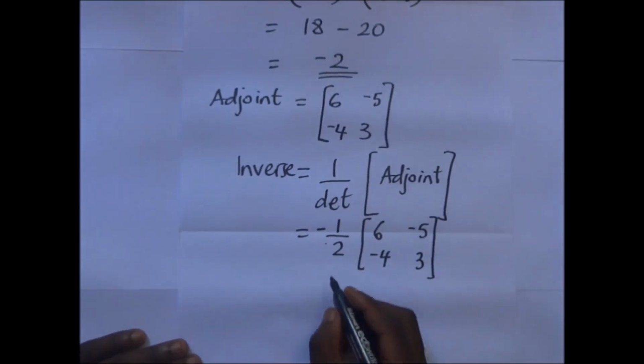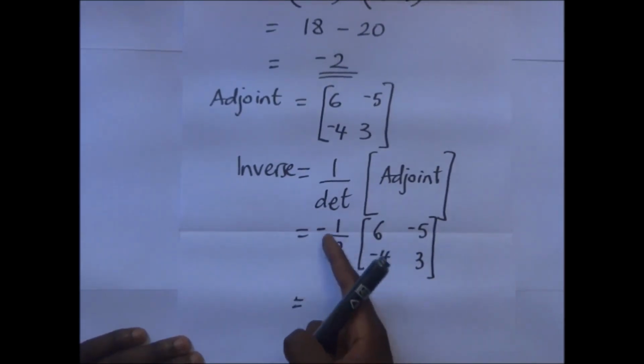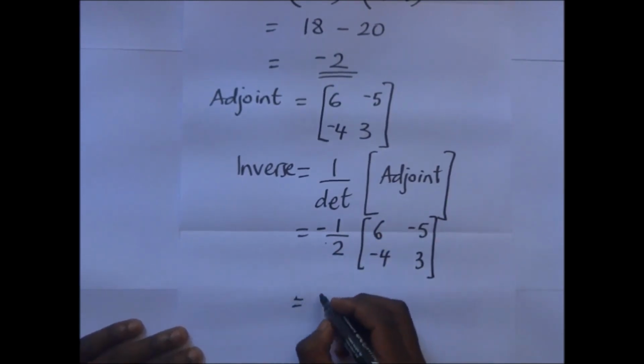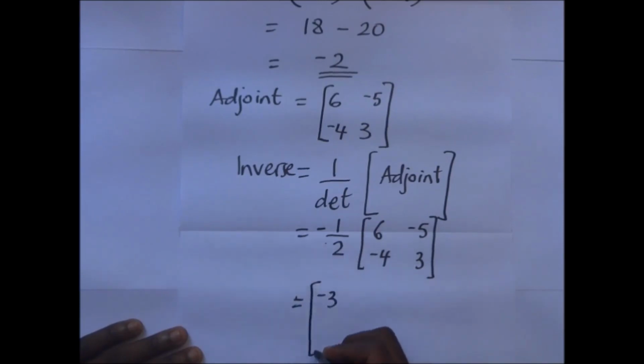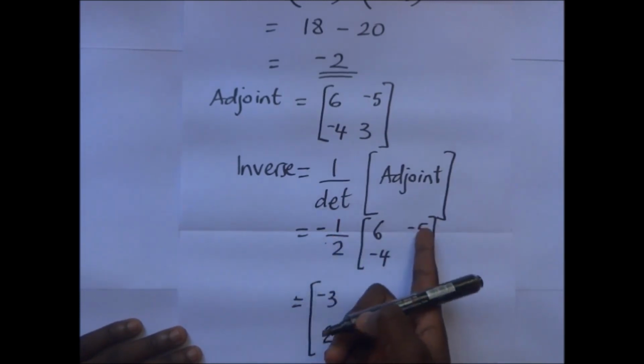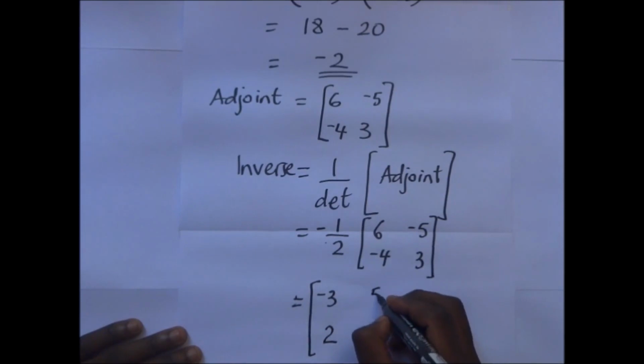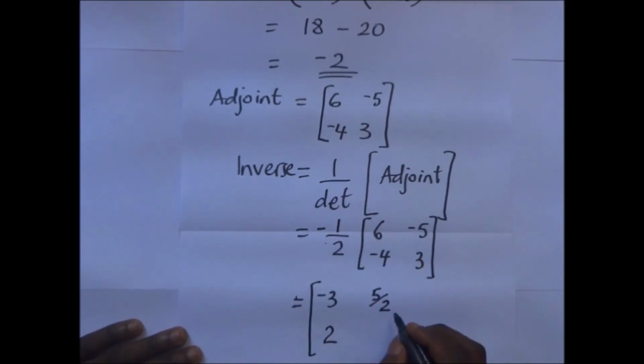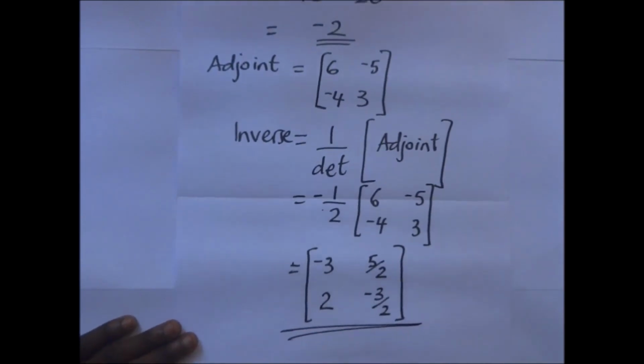And then we shall end up as negative a half times 6 is going to give us negative 3. Negative a half times negative 4 will give us positive 2. Negative a half times negative 5 is giving us positive 5 over 2. The negative a half times 3 will give us negative 3 over 2. And this is the inverse of that matrix.